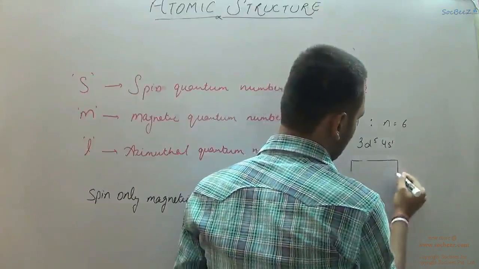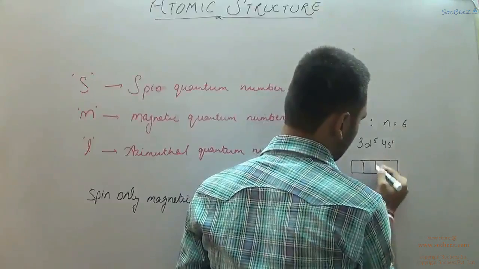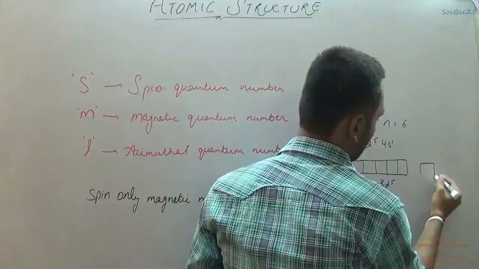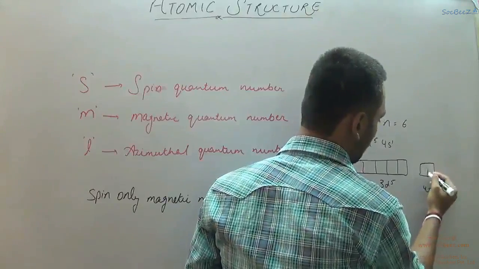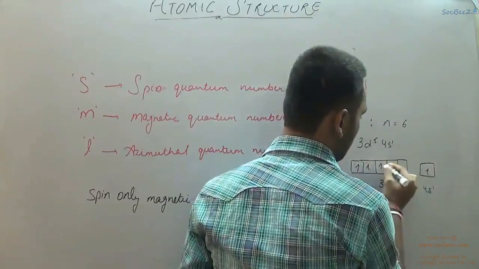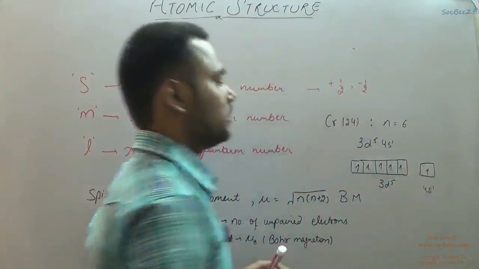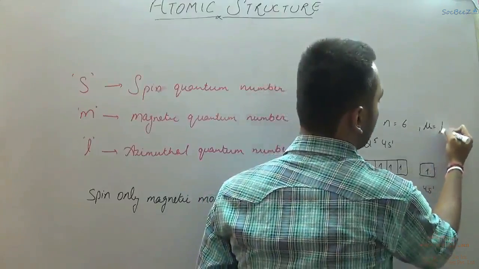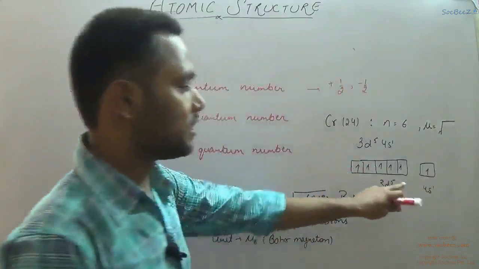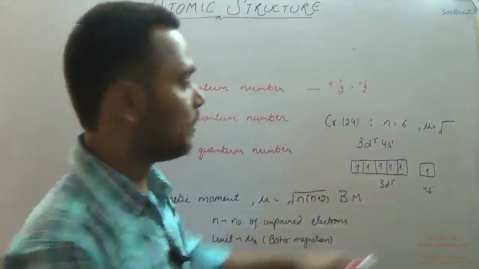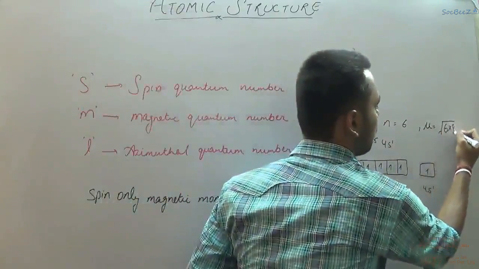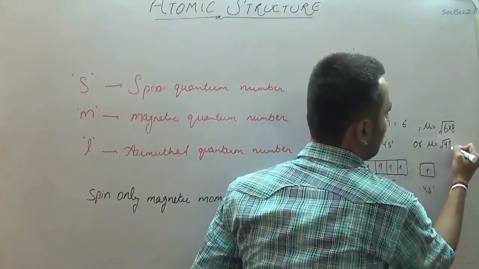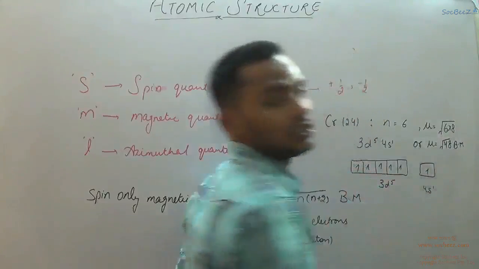If we draw the 3d5 orbitals and the 4s1, all the electrons are unpaired. So in this case mu will be under root 6 into 8, or mu will be under root 48 Bohr magneton.